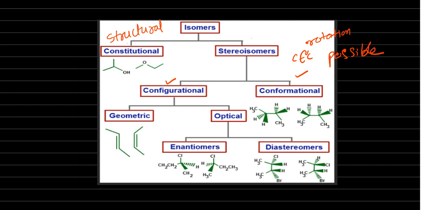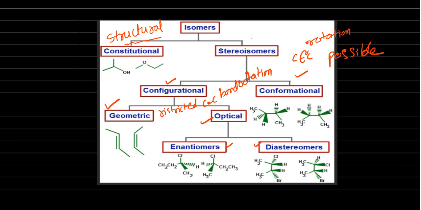In configurational there is no CC bond rotation, restricted CC bond rotation. Due to this restriction these are geometrical and optical. In optical, there are enantiomers and diastereomers. Step by step, in each video we will discuss one topic. Today's topic is structural isomerism.